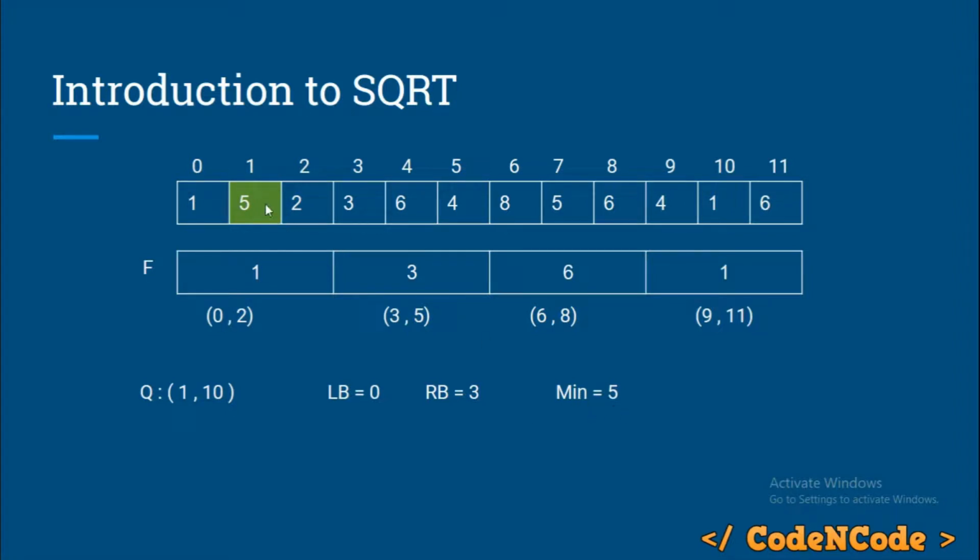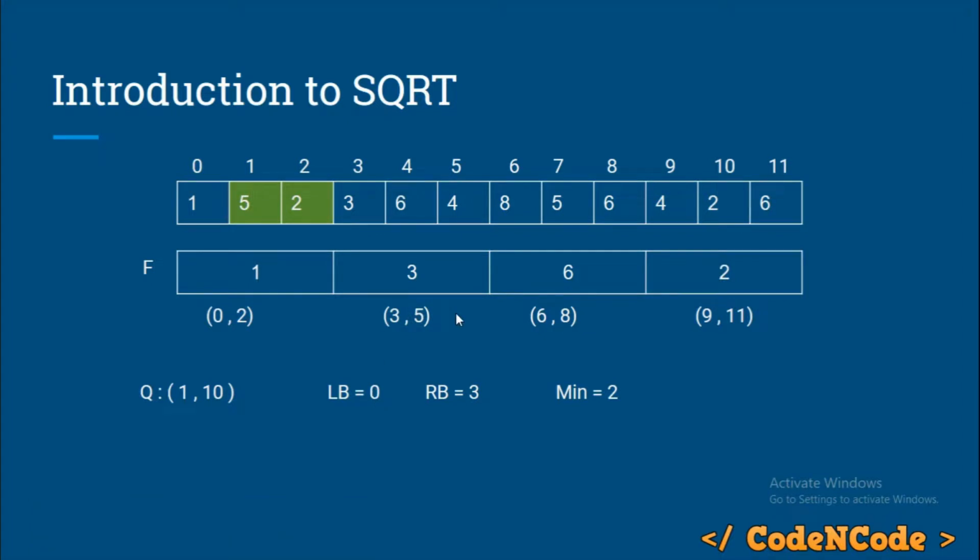Now the second element, so the minimum becomes 2. Now how do you know where you have to stop? Starting from L, we have to traverse all the elements before the start of the next block. The next block starts from 3. How do we know it starts from 3? We know the block size is 3, and the next block is block 1 because the current block is 0th.